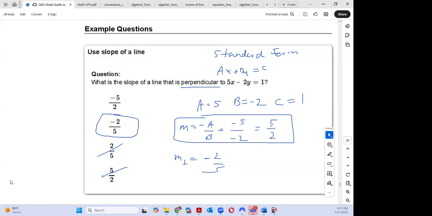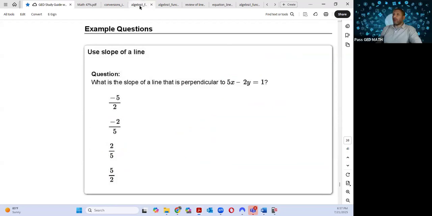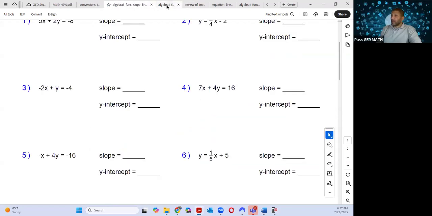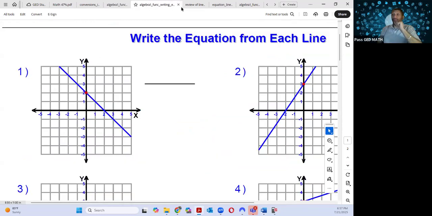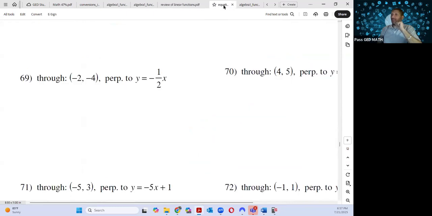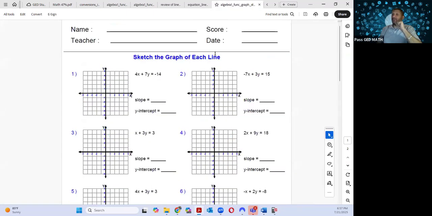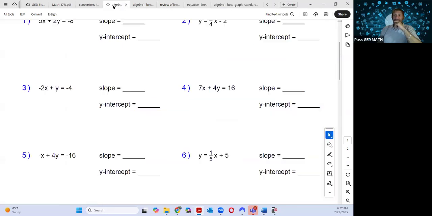That's what all these worksheets are for, even though that's not asked on his worksheet. But there are several different concepts you've got to be able to do to be ready for your exam.